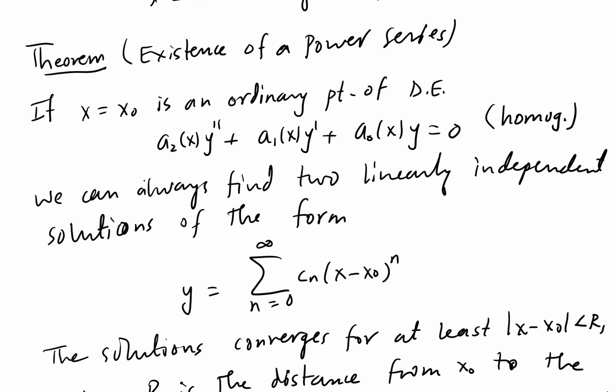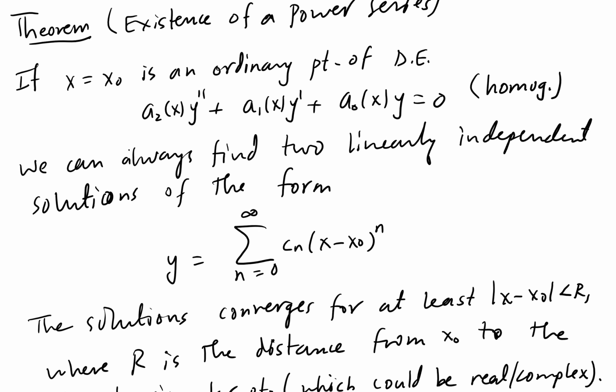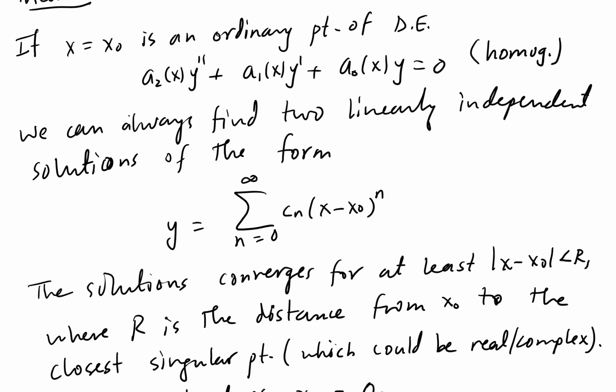The solutions hold for at least |x minus x0| less than r, where r is the radius of convergence. Specifically, it represents the distance from x0, meaning from the ordinary point, to the closest singular point, which could be real or complex.